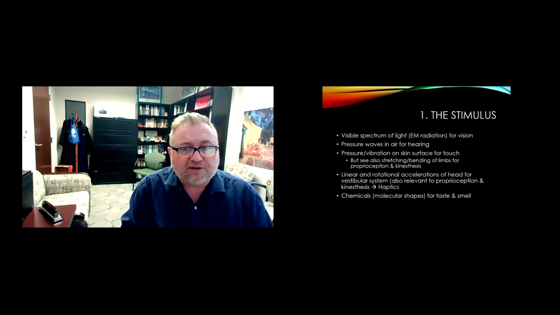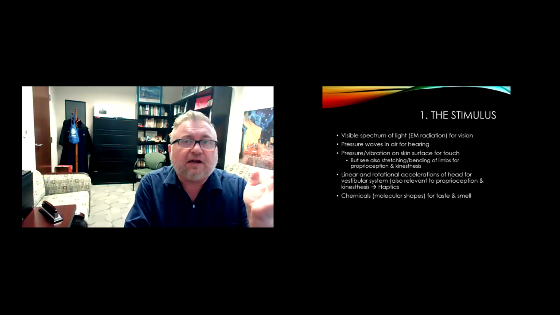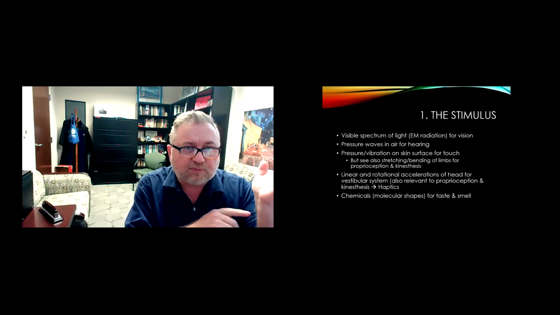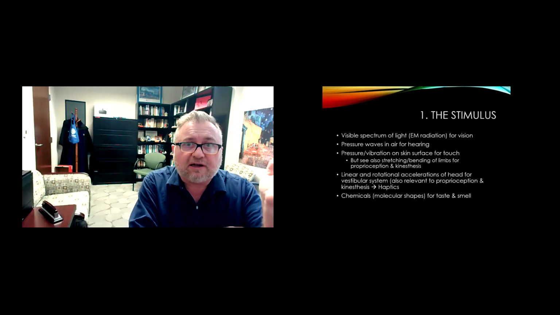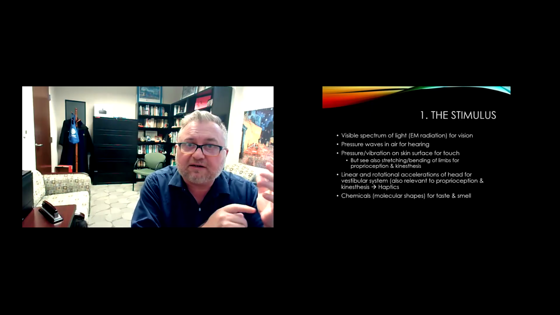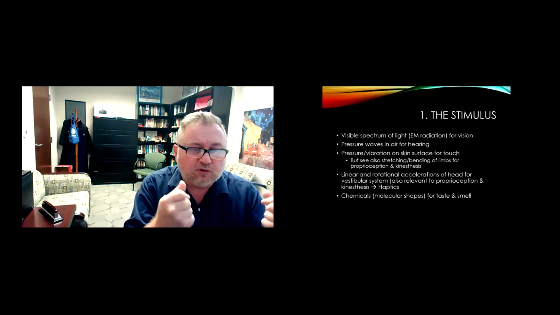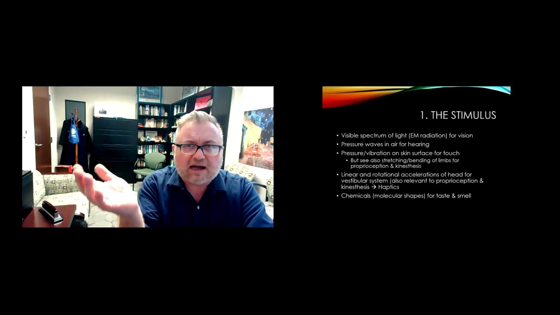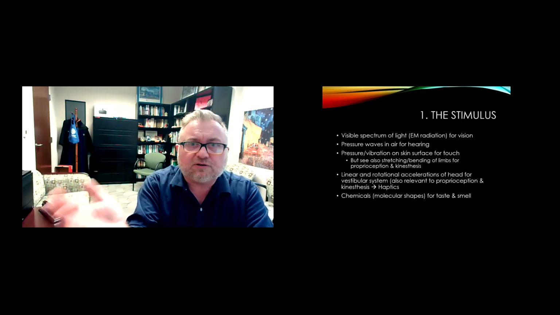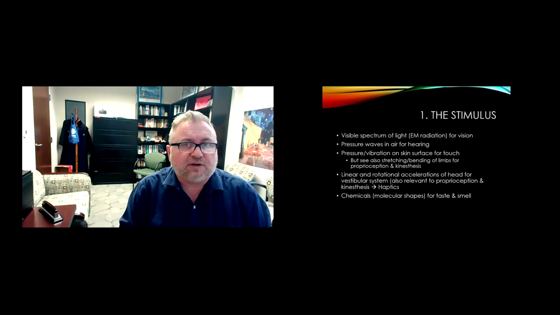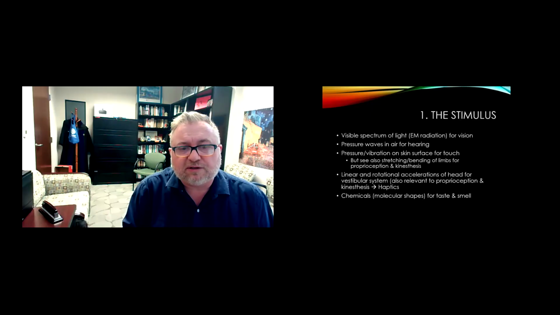I mentioned touch earlier, so we have mechanoreceptors in our skin. They respond to pressure. So direct contact is a pressure stimulus, and that direct pressure on these receptors in the skin will stimulate an action potential. They also respond to stretching, though, because when we move our bodies, the skin stretches, or even if I have a really high amount of deep pressure on the skin, that also stretches the skin a little bit, so they can respond to pressure and stretching and bending.